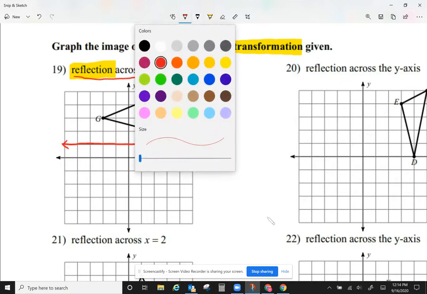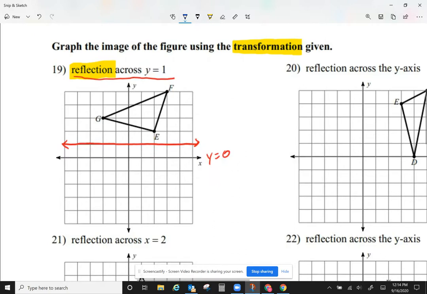Now, for my reflection, I'm going to move everything from one side of the mirror line to the other side. Remember I said distances remain the same, so I'm going to count distance. Let me follow my point E. If I count the spaces from my point to the mirror line, I see there's only one space. So my point E prime should be the same distance on the other side.